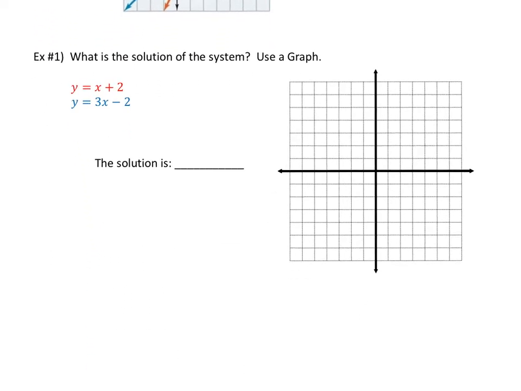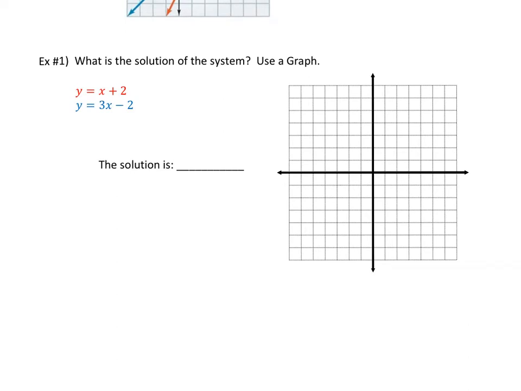Okay, so here's what we're going to do. I am going to graph these equations for you, and then we're going to see what the solution would be from those equations. So we're going to start with the red one by graphing it, and this you know how to do.